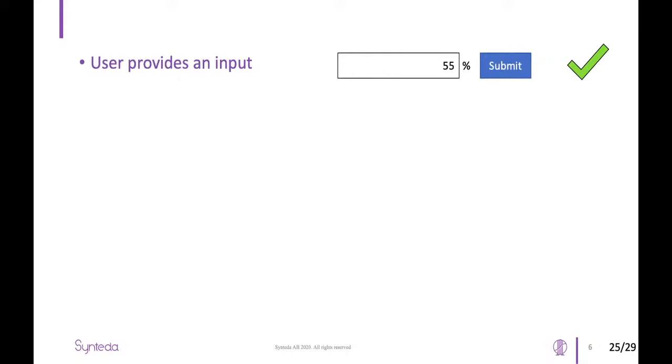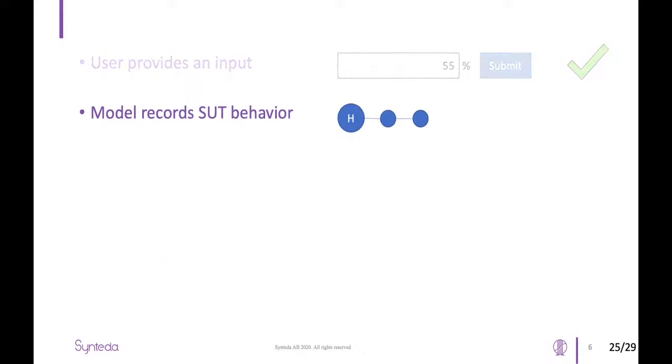It will store it in the data model. Basically, the scriptless behavior model will be augmented or expanded with more data. So in this case, it would store the data value 55 there as an action.